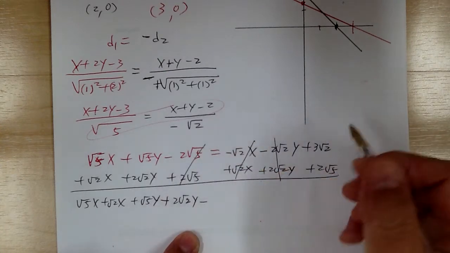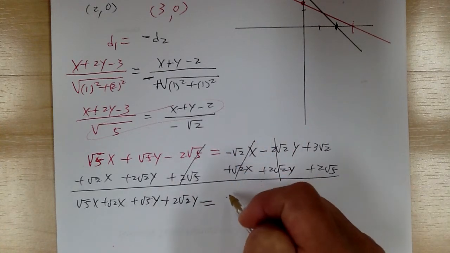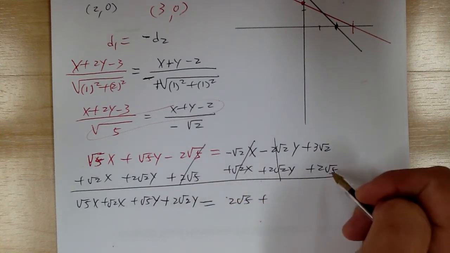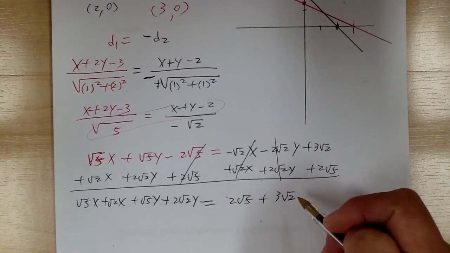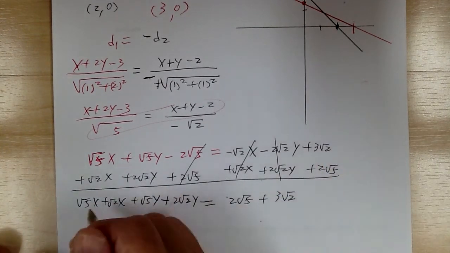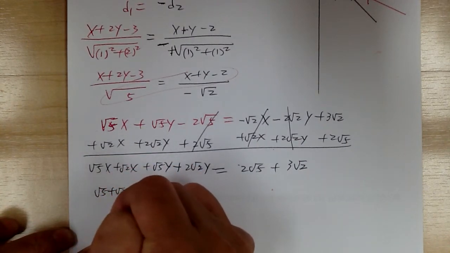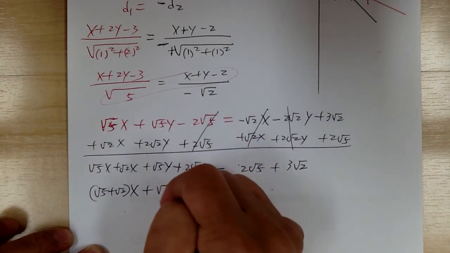And this one cancels out, so this will equal to 2 square root of 5 plus 3 square root of 2. Okay, and then again you factor the x and put in the back, and you factor the y and put in the back.